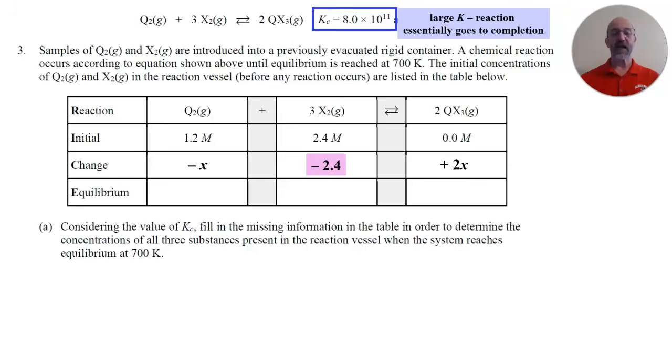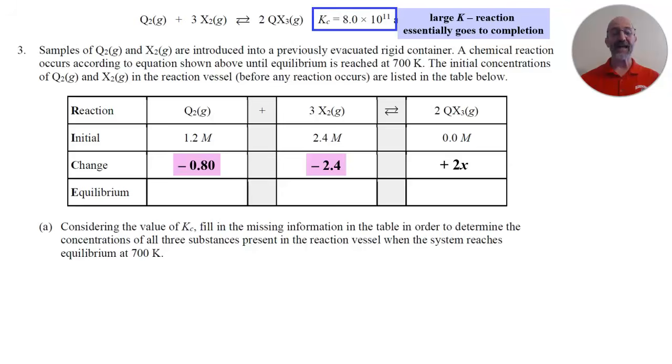And since the number X is 1/3 of the number 3X, because of that 1:3 ratio, what is 1/3 of 2.4? So 1/3 of 2.4 will be the change for Q2. That's why I'm putting minus 0.8 in the change row for the other reactant.